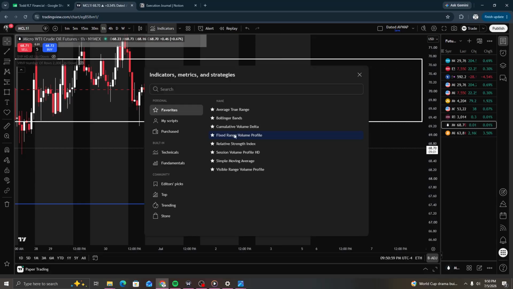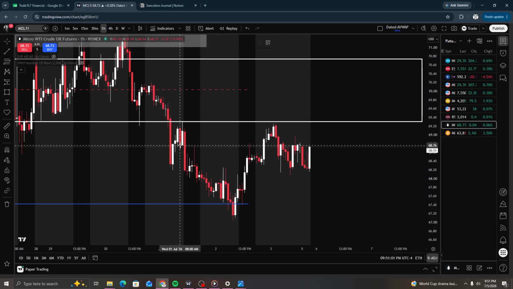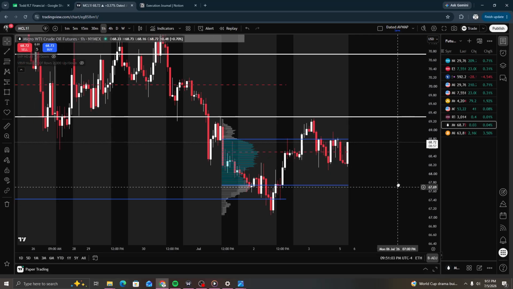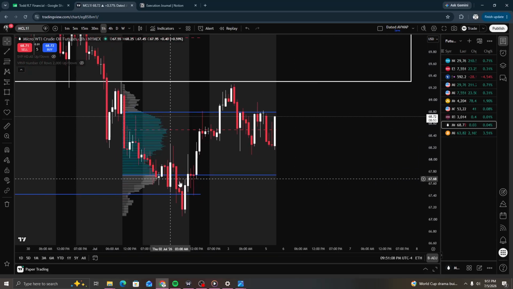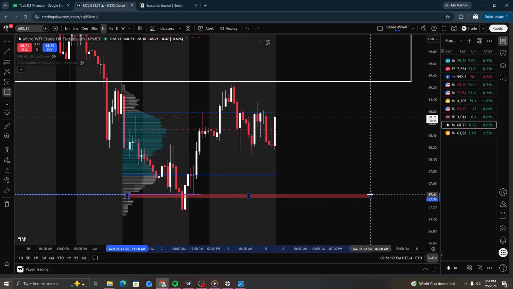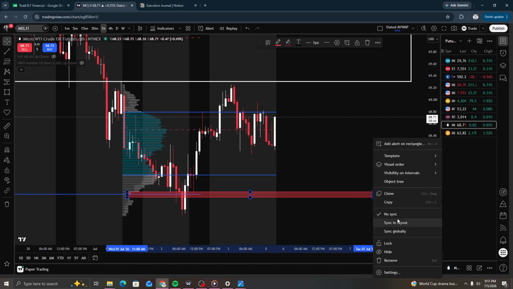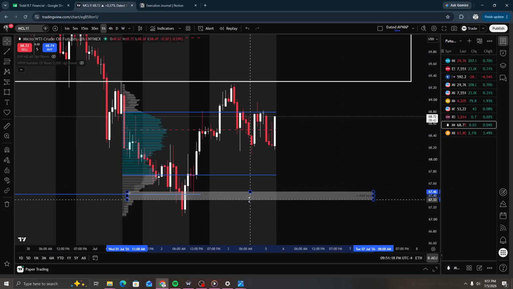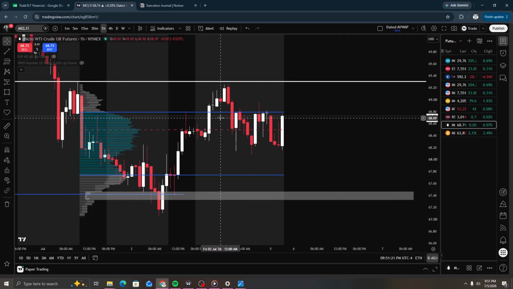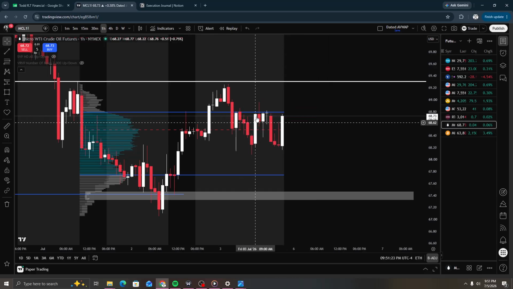What I'd like to see is maybe something like this. And we go down and dip down back into this. Not this low volume node, but down in this general area. Because anybody can see this compression here and say we're playing the break.